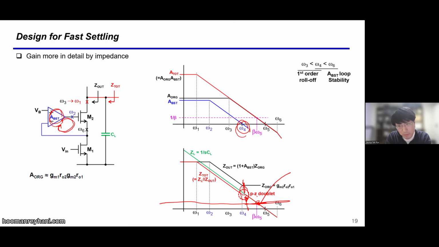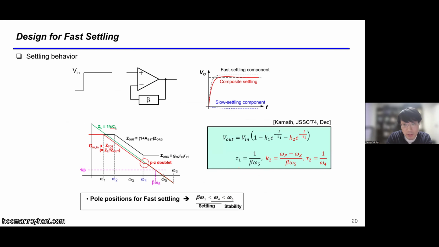So if your amplifier works like this, then that's not good for fast settling, because there is an unwanted time constant there. So this one should be higher than the unity gain frequency.